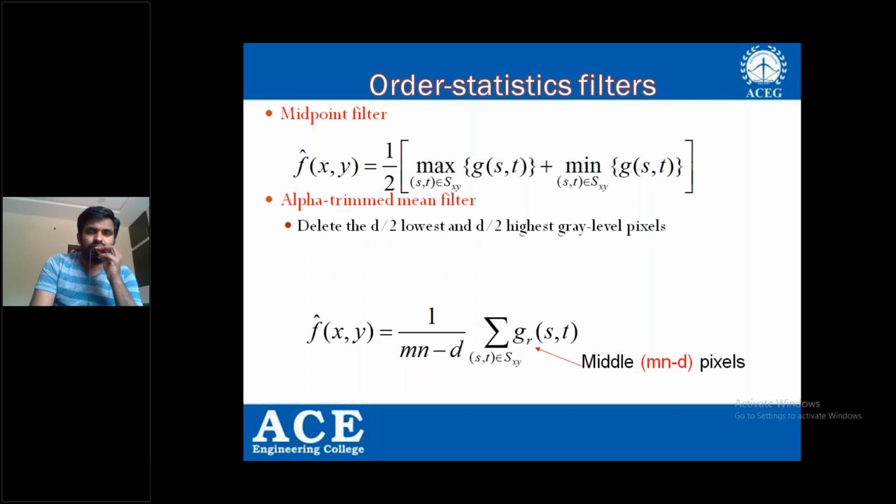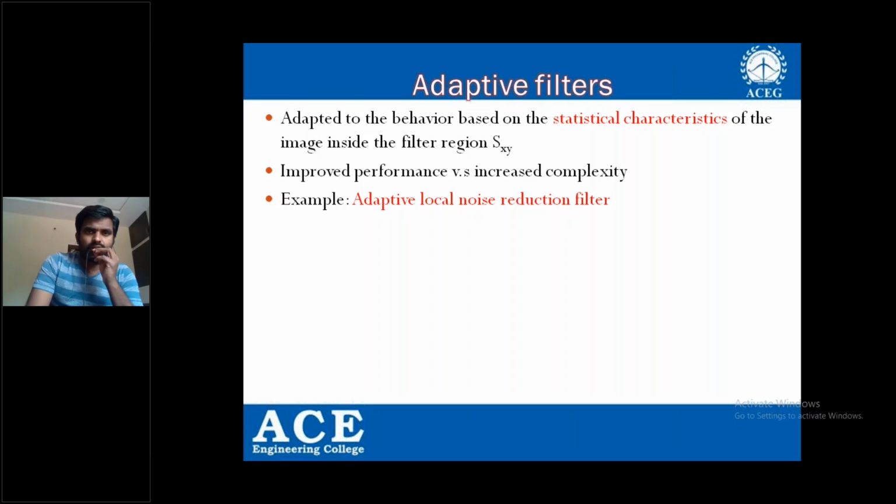In the alpha trimmed filter, we remove some components from the selected region of pixels, S xy as we usually call it, trimming a set of pixels. After trimming we find the average or mean. That is our order statistics filters.